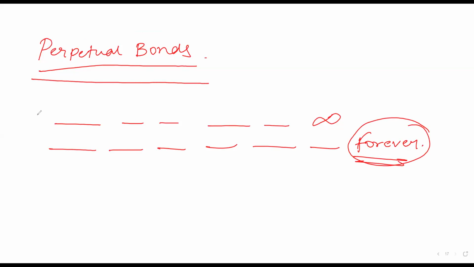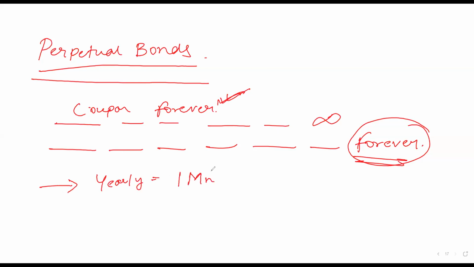What is a perpetual bond? A perpetual bond is basically a bond that keeps on paying you a coupon forever. Let's say I am planning to retire and my yearly expense is 1 million, and the bond is giving me a 12% return.